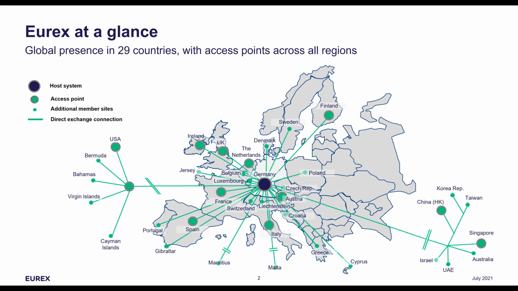Eurex is the derivatives arm of Deutsche Börse Group. Deutsche Börse Group itself is the mother company, an exchange and service provider which covers all areas, so the whole value chain of the trading industry. That starts from pre-trading, like market data services, over a trading venue.